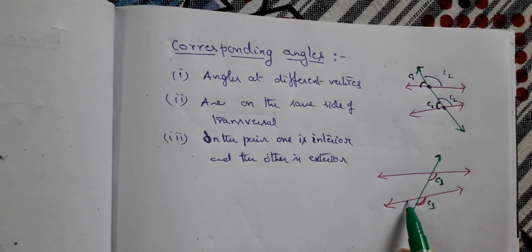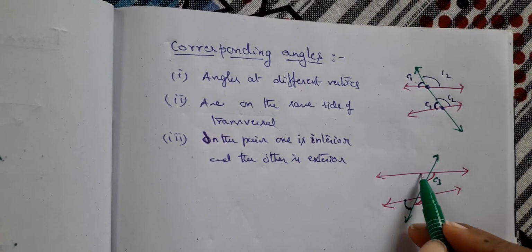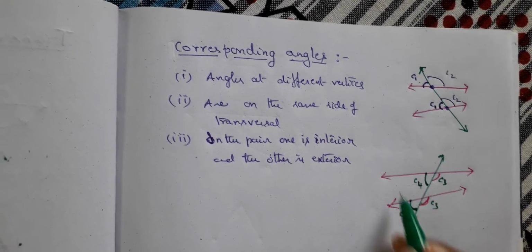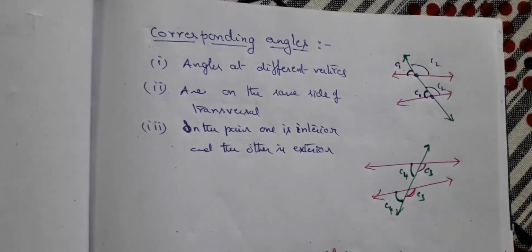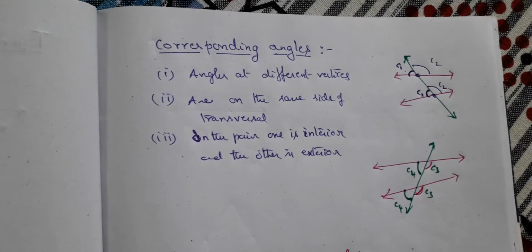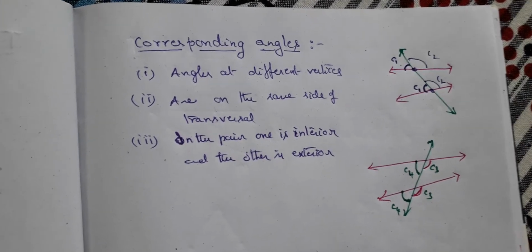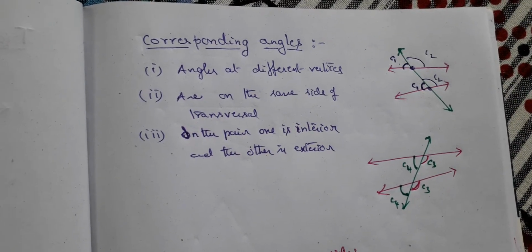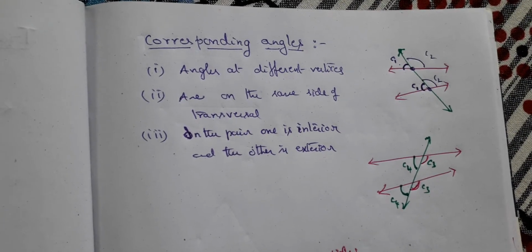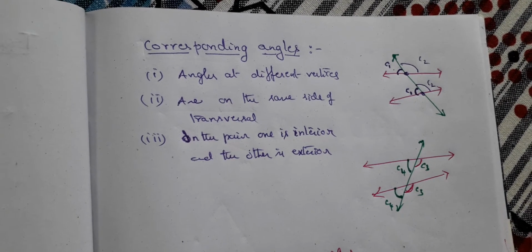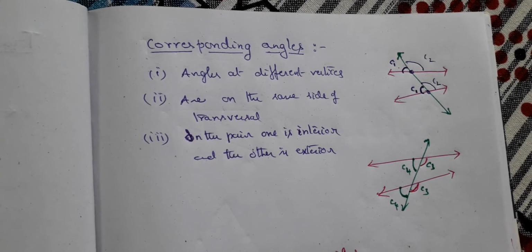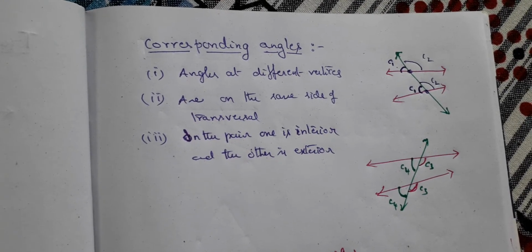If I take this one as the exterior now, this is the interior. So C4. So that means in this case you have 4 pairs of corresponding angles. Is that clear, children? Any confusion? It's so simple. So before you start locating the pairs or pairing the angles, please give a reading to the properties. Take a screenshot here so that we can move to the next part.